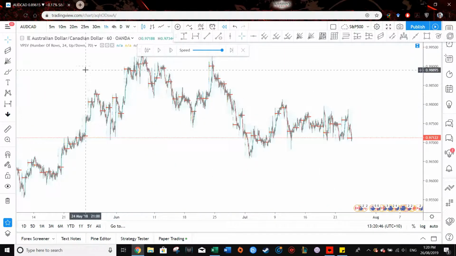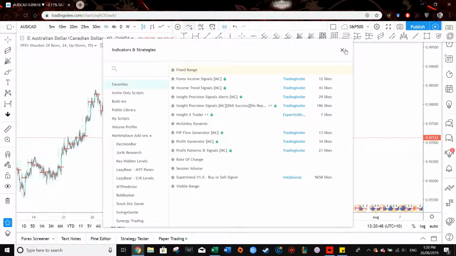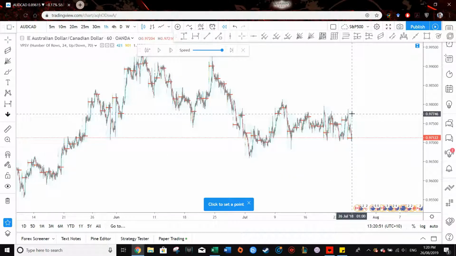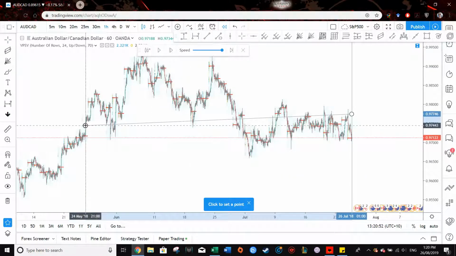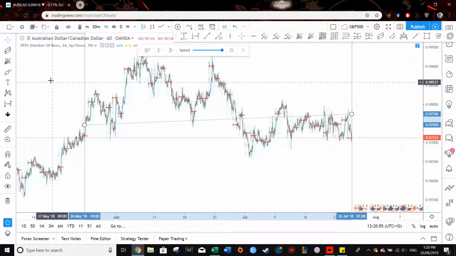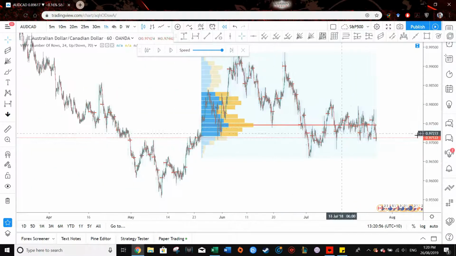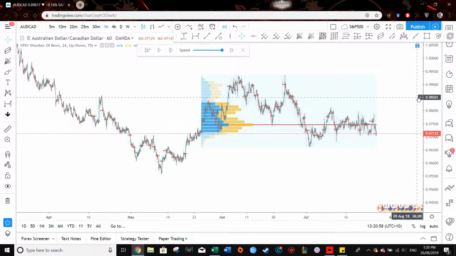Does anyone want to see anything else? Fixed range. Thank you. I was waiting for that, Harami. Where do you want to start from though? From the start of the consolidation. So back here? All the way to there. Very good.